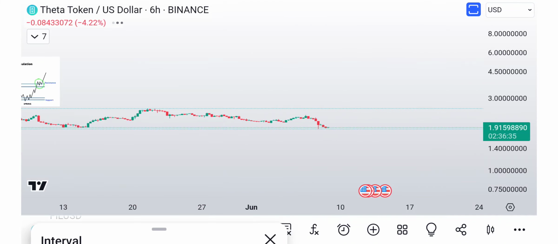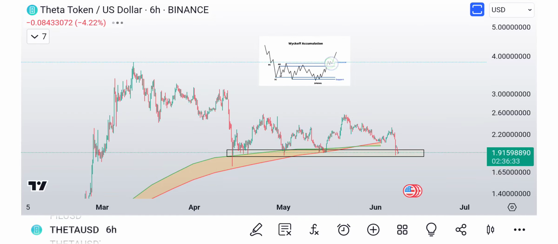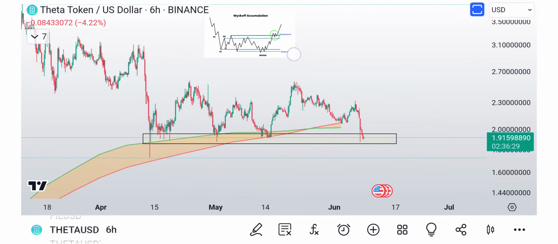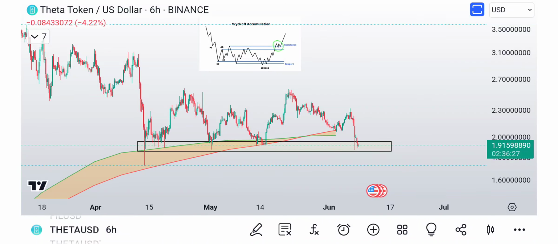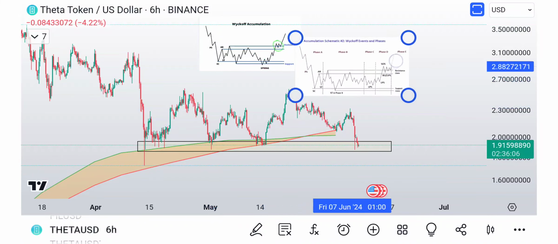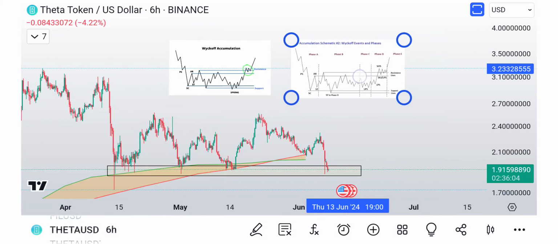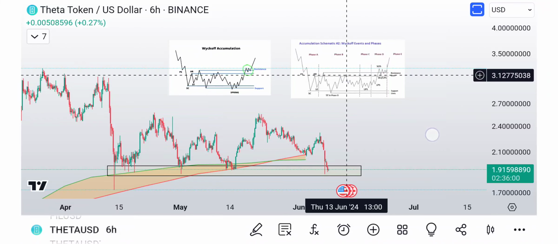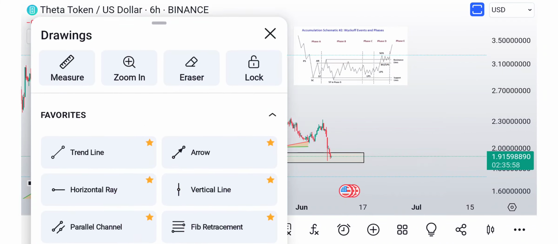If we zoom in a little bit, what I think is potentially going on here, because remember, we were looking at this schematic right here, and this is kind of what we were following. Basically, you have schematic 1 and you have schematic 2. We were looking at schematic 2. Why?